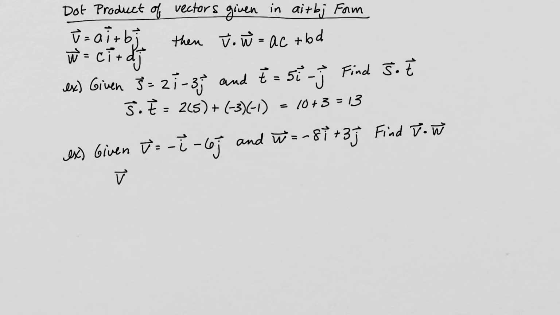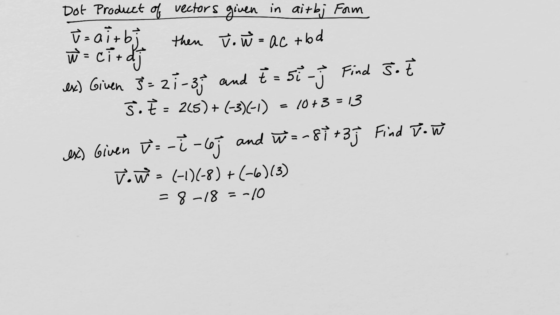So v dot w is equal to, the i components are going to be negative 1 times negative 8, and the j components are going to be negative 6 times 3. So negative 1 times negative 8 would give us 8. Negative 6 times 3 would give us minus 18. So this is going to end up being negative 10.